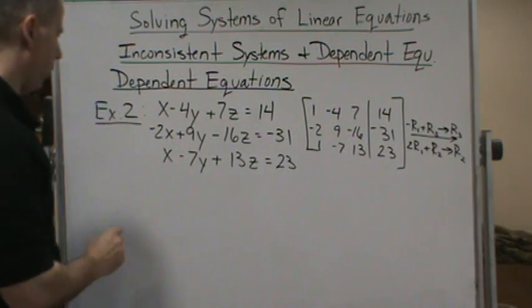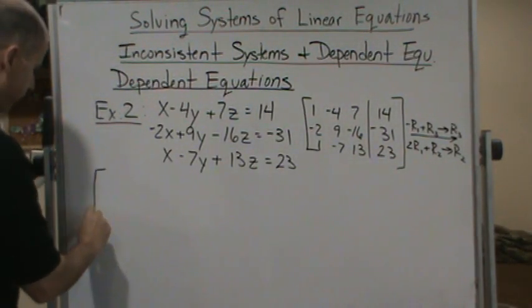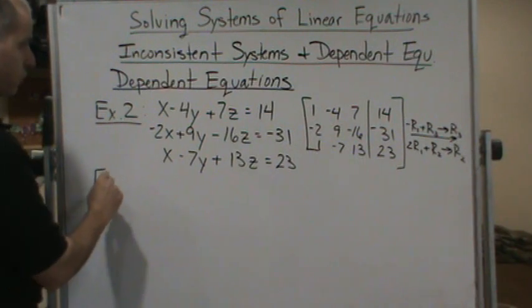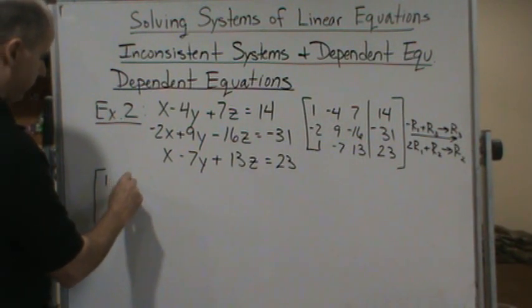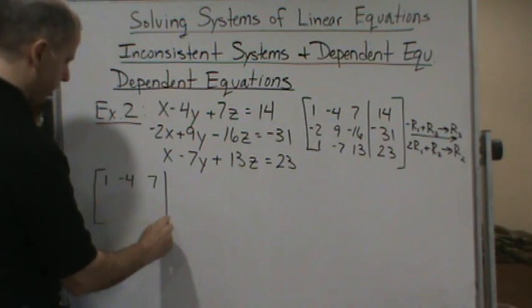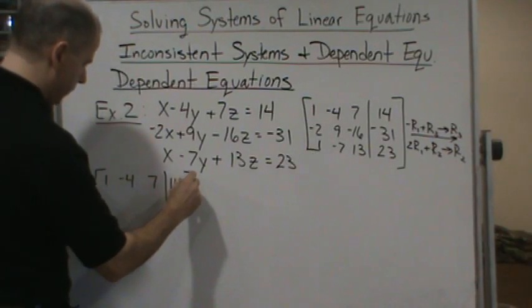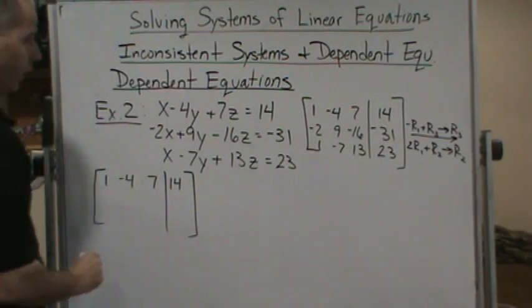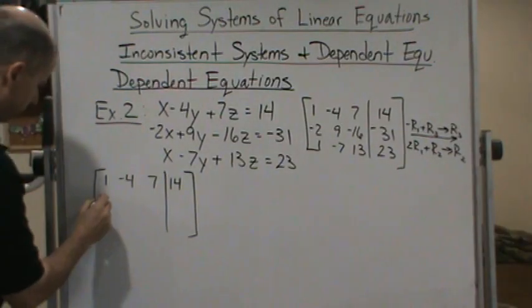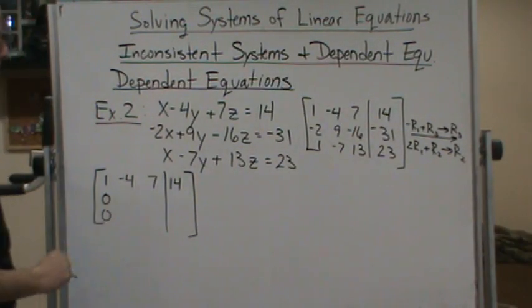Okay? So if we come over here, the first row stays the same. These are going to become 0, so let's just put those zeros in.